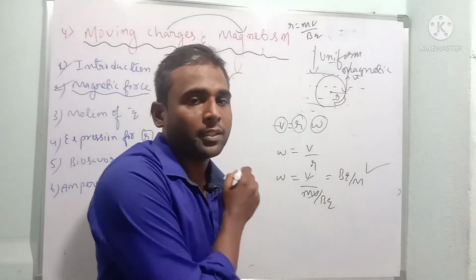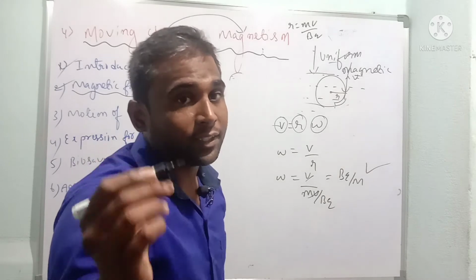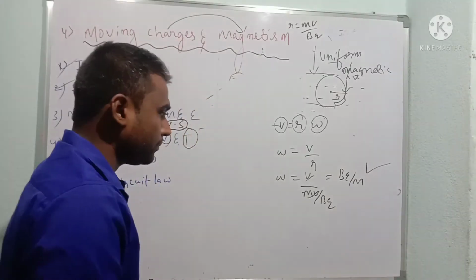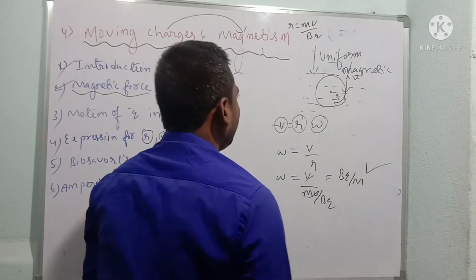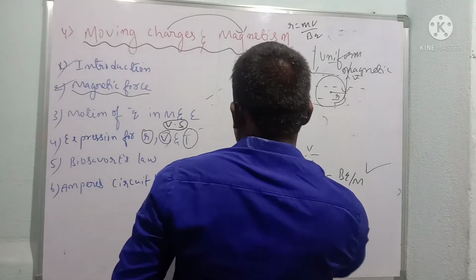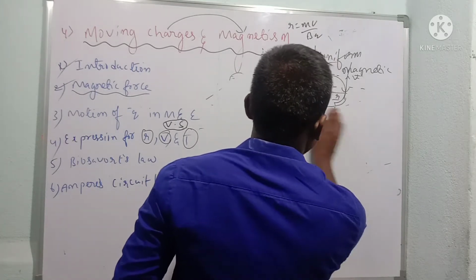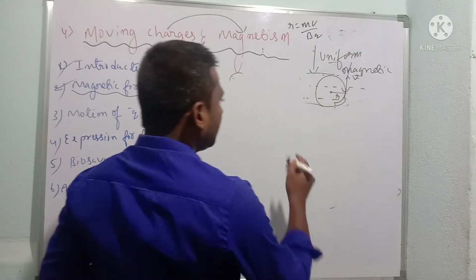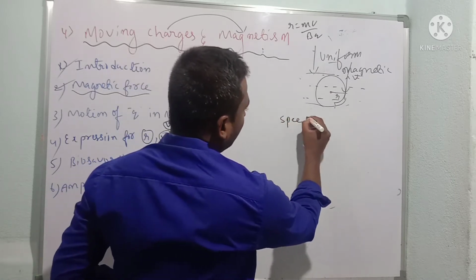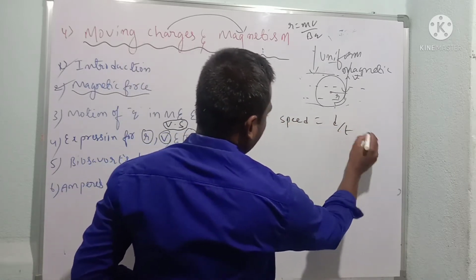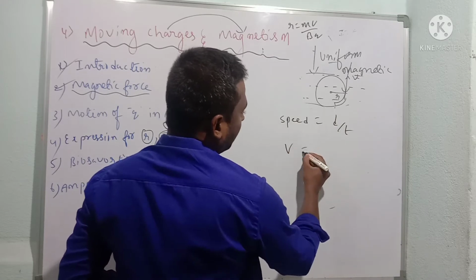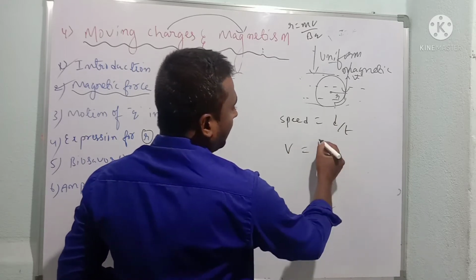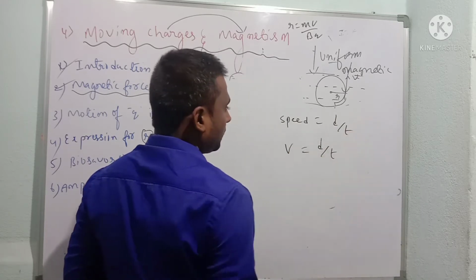You must remember these formulas, children, they will be asking them in the CT questions. After this, let us understand, without wasting time, the time period. We know that speed is equal to distance by time taken, written as velocity equals d by t.